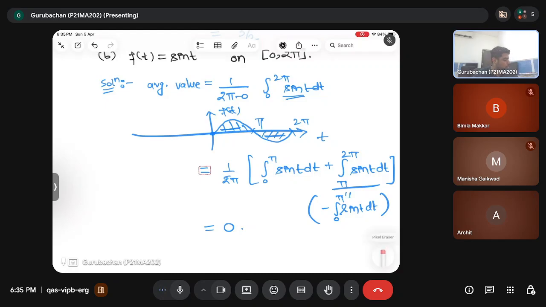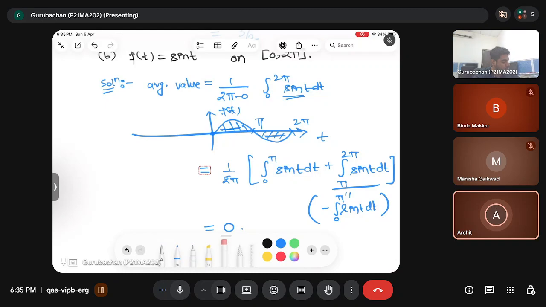Sir, the second integration, pi to 2 pi sine t dt, how can we convert it into 0 to pi of minus sine t dt? Last time we learnt about the rules of substitution.